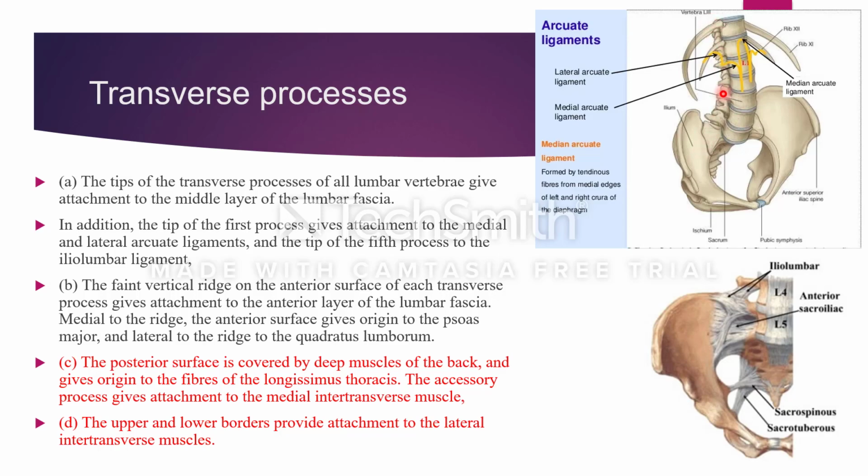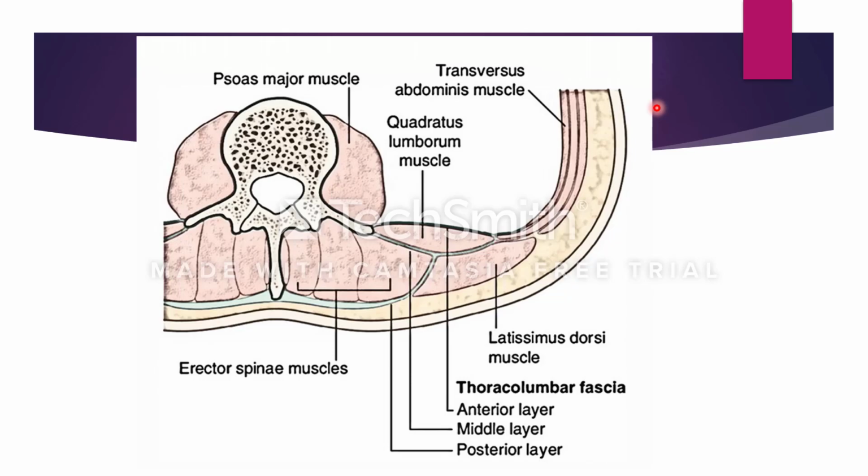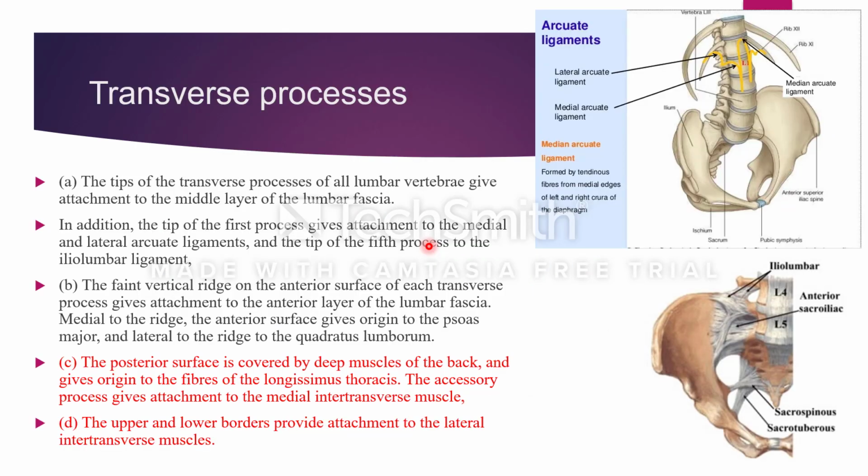Medial to the ridge, it gives attachment to the psoas major muscle, and lateral to the ridge, it gives attachment to the quadratus lumborum. So anteriorly the psoas major muscle is attached and laterally the quadratus lumborum muscle is attached. These are the attachments or relations of the transverse processes.